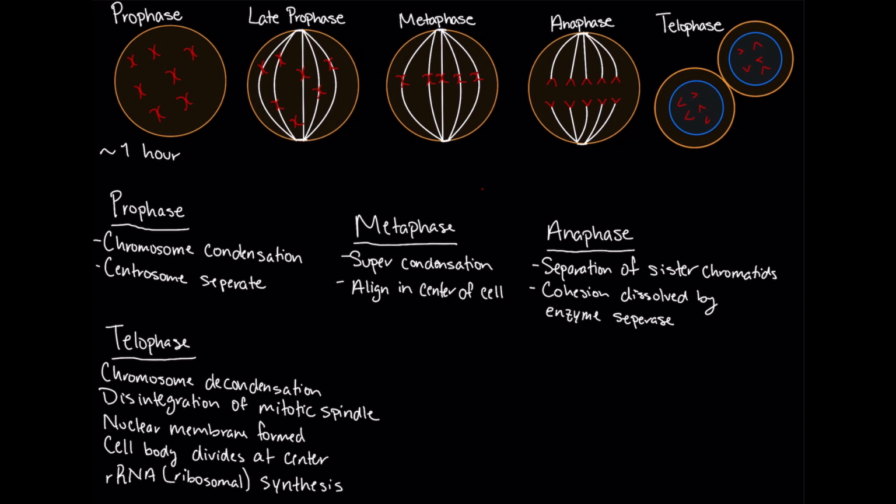And finally, we have cytokinesis. Cytokinesis is the division of the cell cytoplasm into two new cell bodies. So let's write this down.